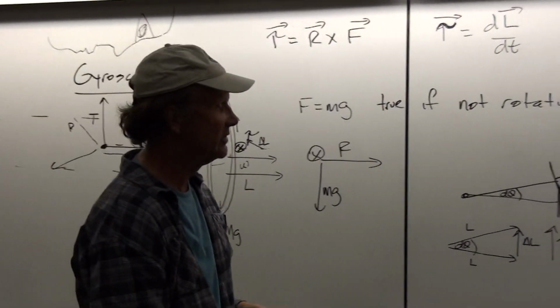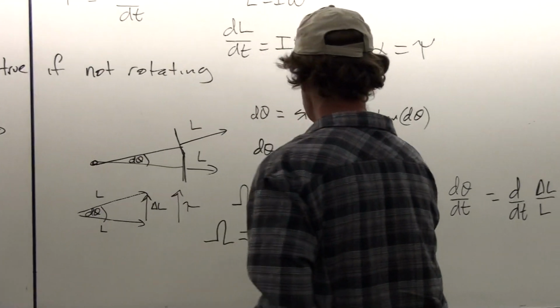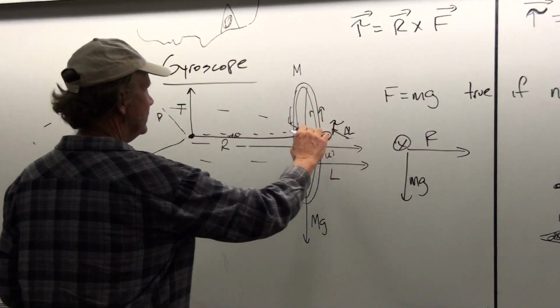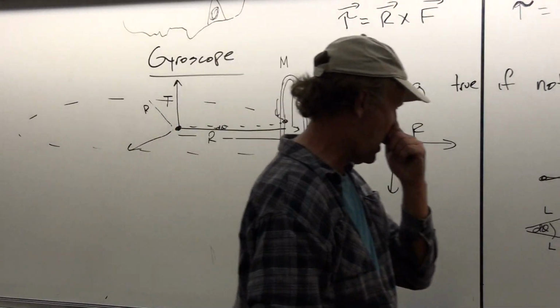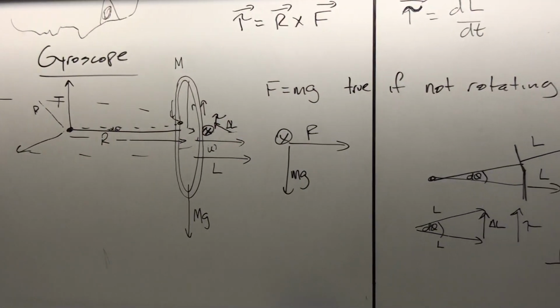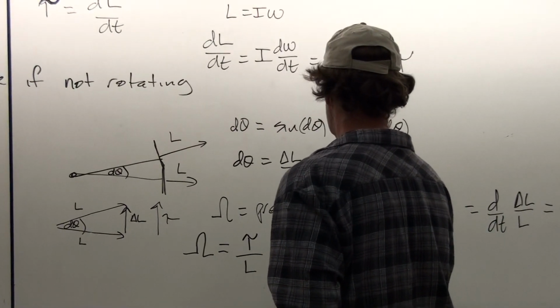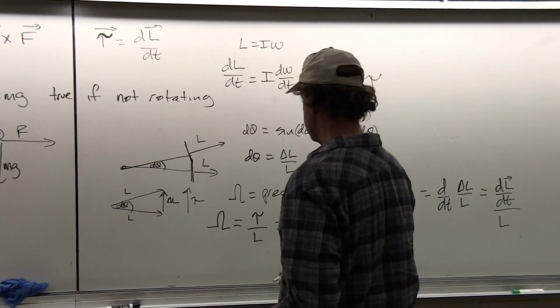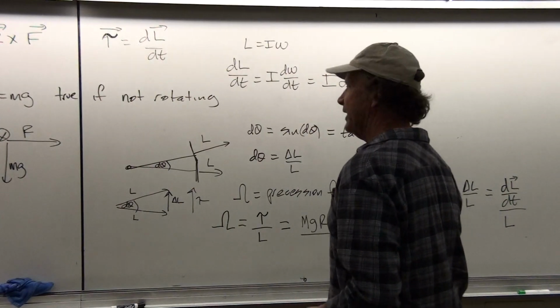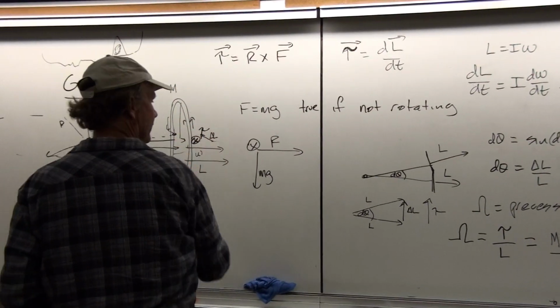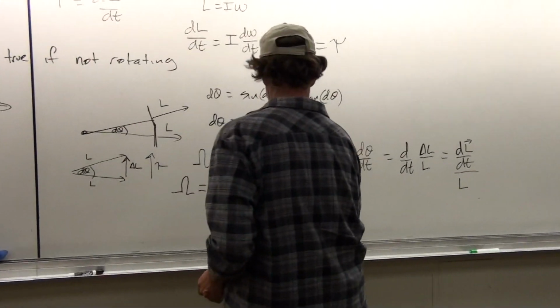And so this is an approximation. Now the torque in this case, since the object is on a horizontal plane as it moves, is going to be equal to the mass of the disk times g times the radius of that lever arm, divided by L.